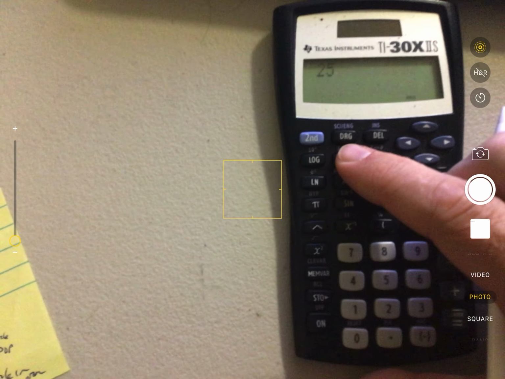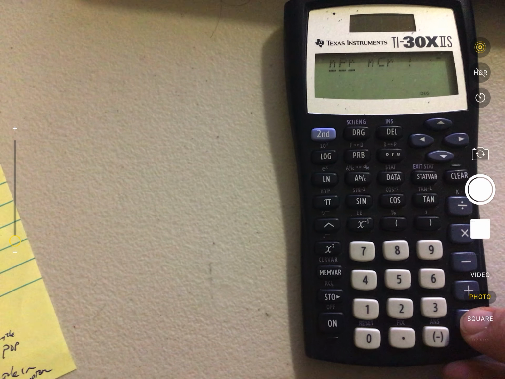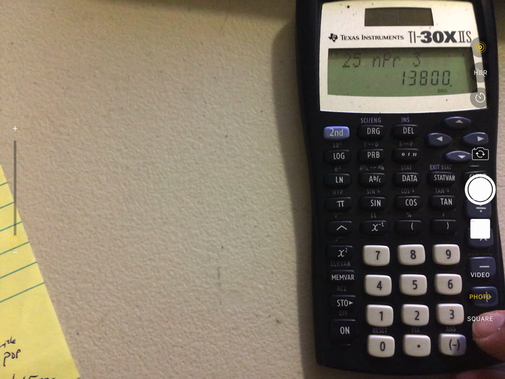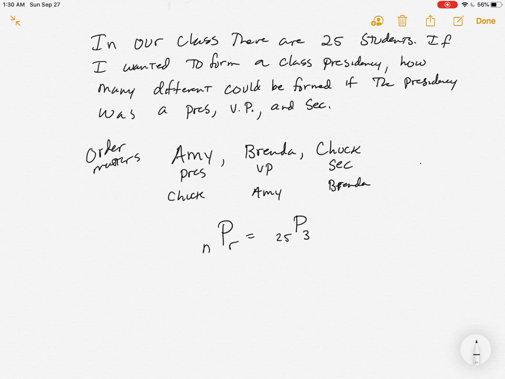I'm going to come up here to my PRB button, and I'm going to select, it's already pre-underlined, the P and R, and then I'm going to type in the 3 and hit equals. 13,800. So 13,800 is the number of presidencies that could be formed.